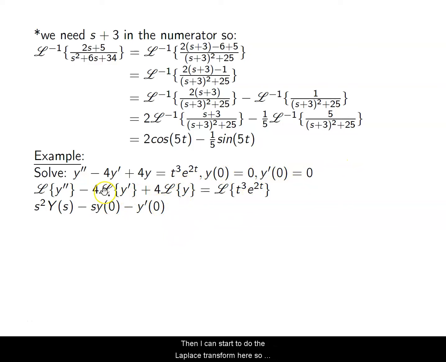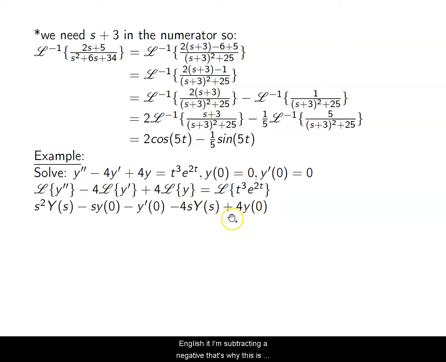And then I can start to do the Laplace transform here. So here, this is going to give me another s capital Y times y of 0, and then my 4y of 0. So I have this going on, and then the Laplace transform of the other side. So here we go. That's from this one. So this is from my 4s here.